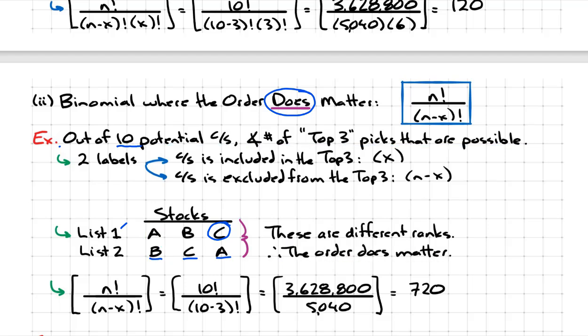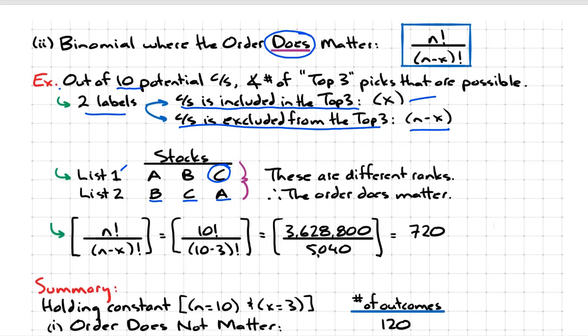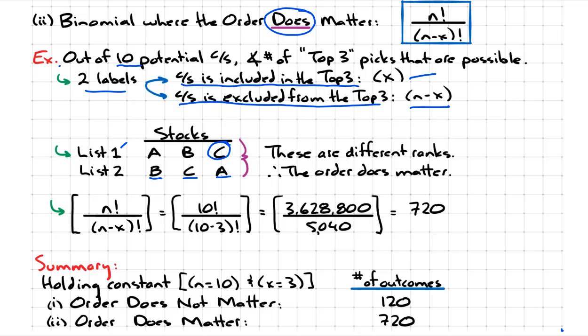So therefore, the 2 labels again: the stocks that are included in the top 3, this would be X, and then the stocks that are excluded from the top 3, this would be N minus X. So continuing with our example, there's the 10 objects, and N minus X would be right there.